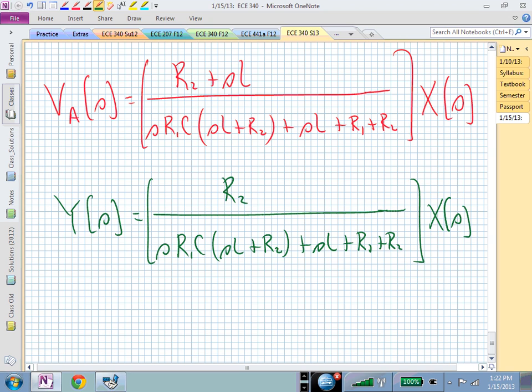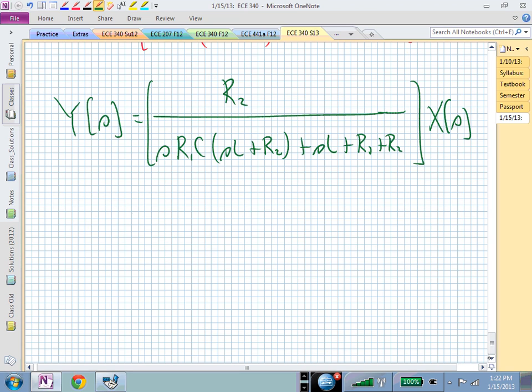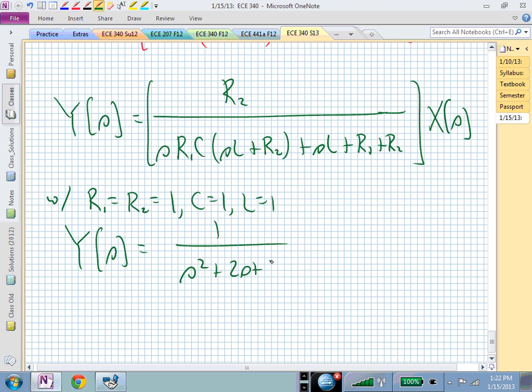If I make R's 1, C's 1, and L's 1, I end up with S squared, I end up with S plus... Now Y of S is equal to 1 over, so this is with R1, R2 equal to 1, C equal to 1, and L equal to 1, S squared plus 2S plus 2.